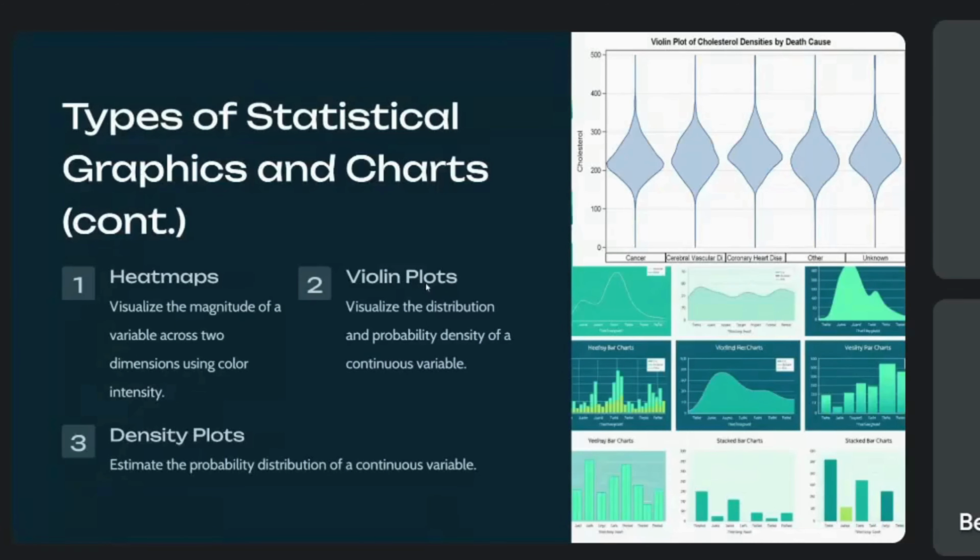When it comes to the violin plot, it's really related to a probability distribution. I know that there are some who didn't know about probability, but what we do here is try to give you an overview, a basic idea of the different statistics that we can use in describing data.